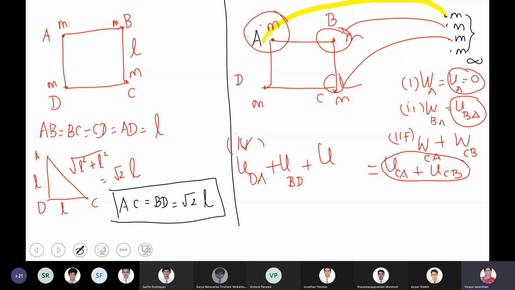That work done is a potential energy, boys. This work done will be a potential energy.